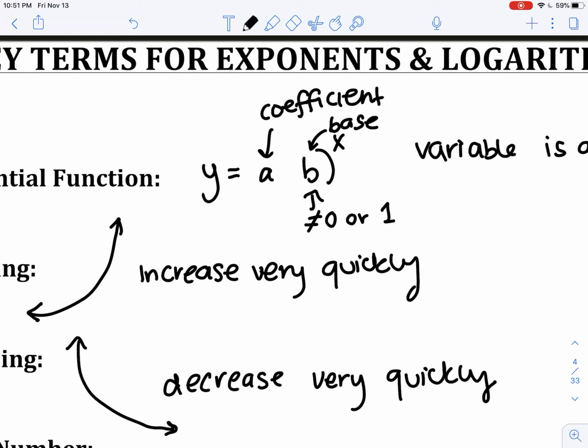Remember that, guys. That's a common mistake that I find. So never multiply your coefficient and your base. They're separate items, and we'll see what that coefficient does. So this is an example of an exponential: y equals 2 times 4 to the power of x.